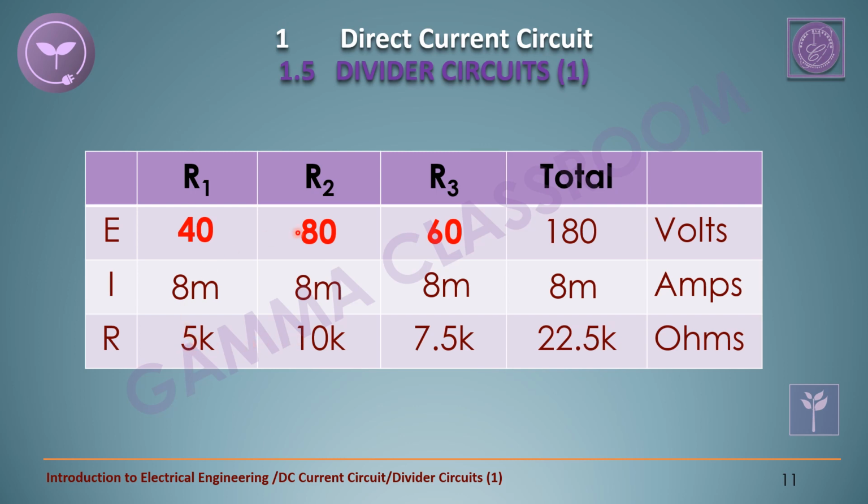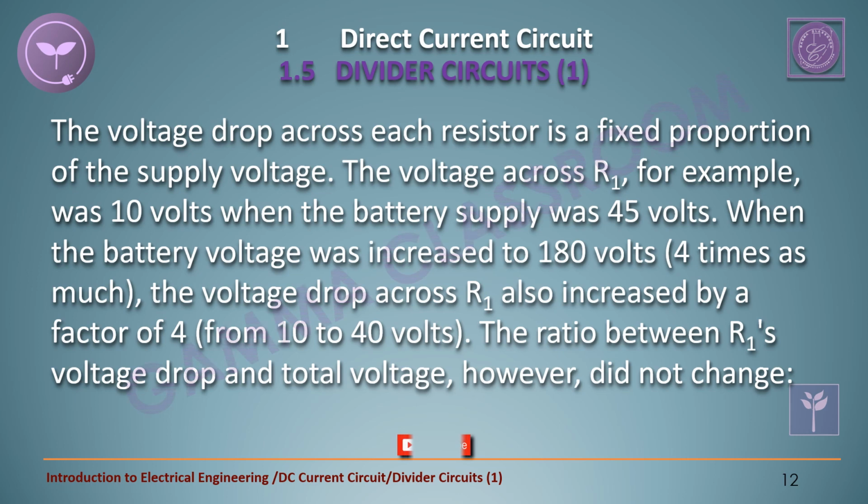So the voltage is dropped proportionally. This is choice 2. The voltage drop across each resistor is a fixed proportion of the supply voltage. The voltage across R1, for example, was 10 volts when the battery supply was 45 volts.